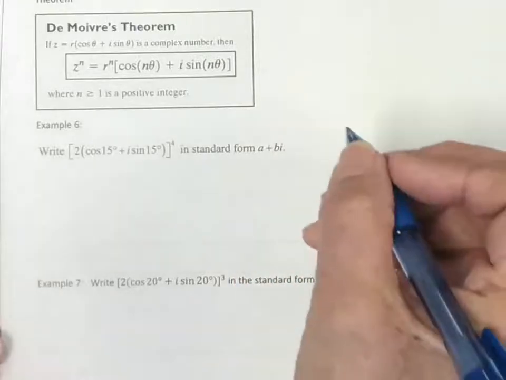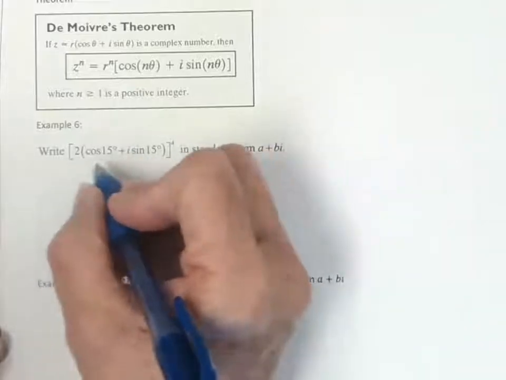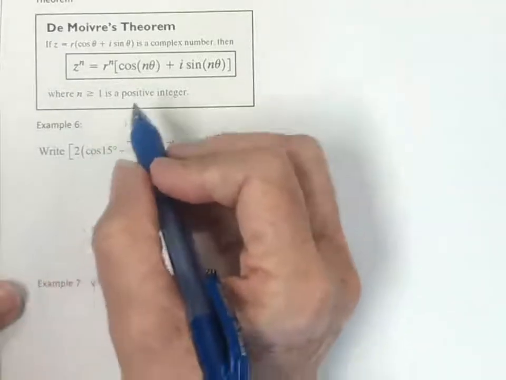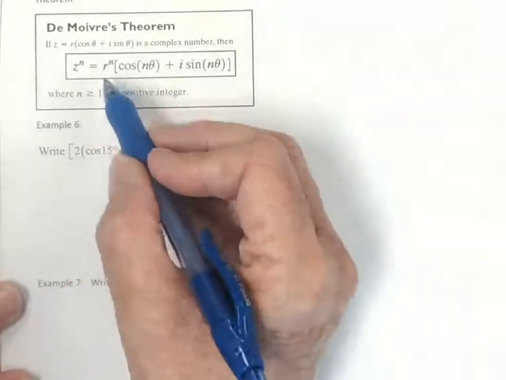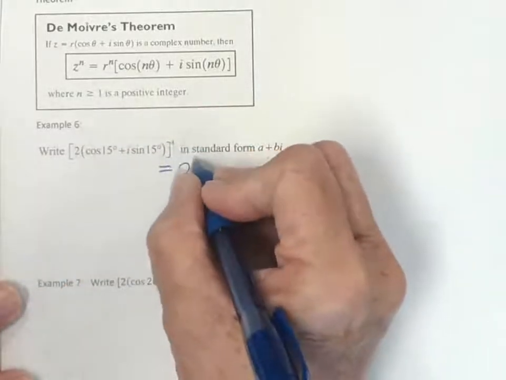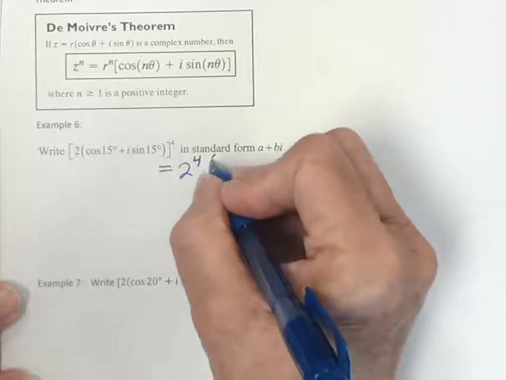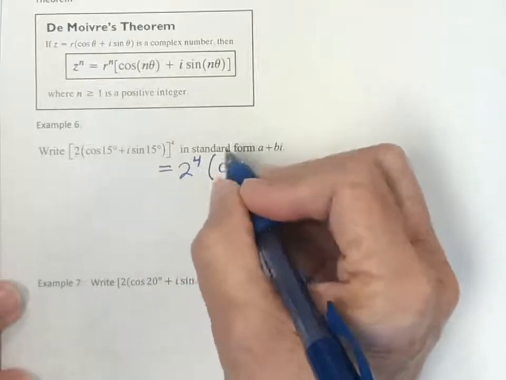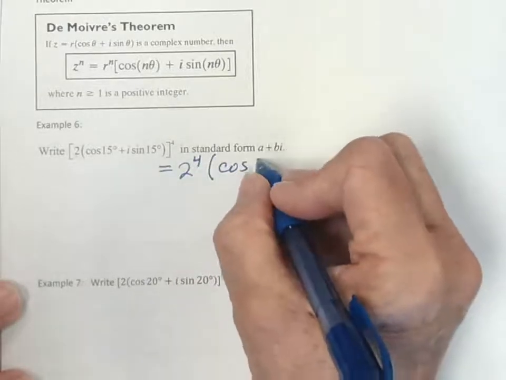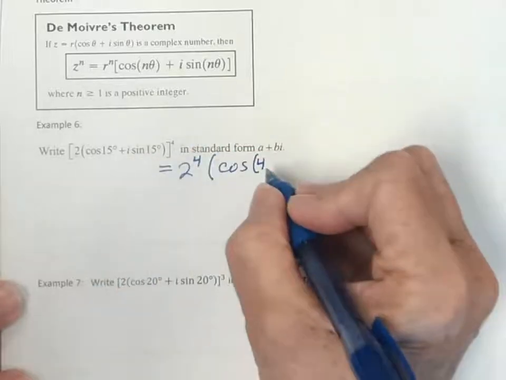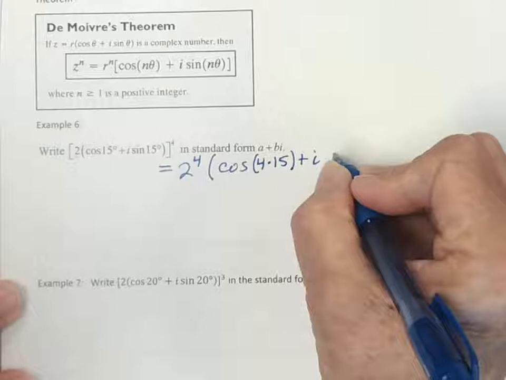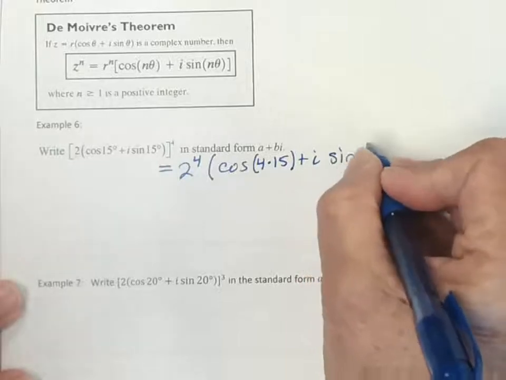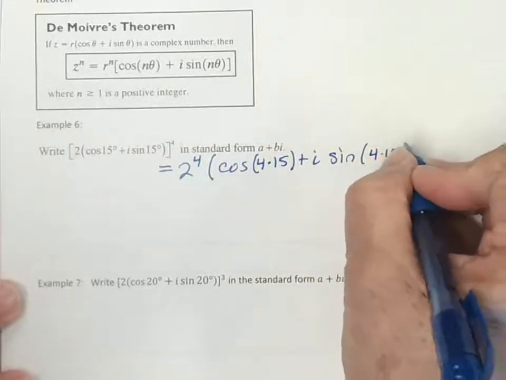Okay, so this is going to equal, again, I'm just going to use this formula. The radius is 2 to the nth power, that's 4. So 2 to the fourth power times the cosine of n, that's 4, times my angle, so times 15, plus I times the sine of 4 times 15.